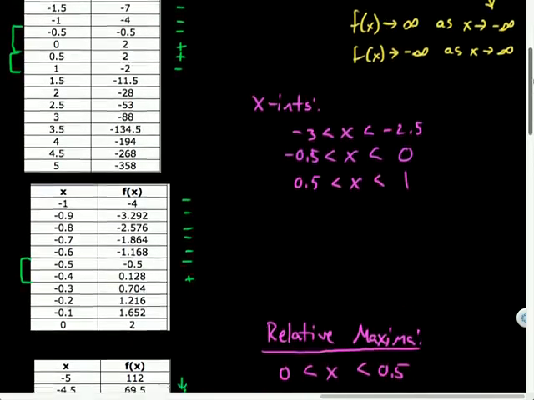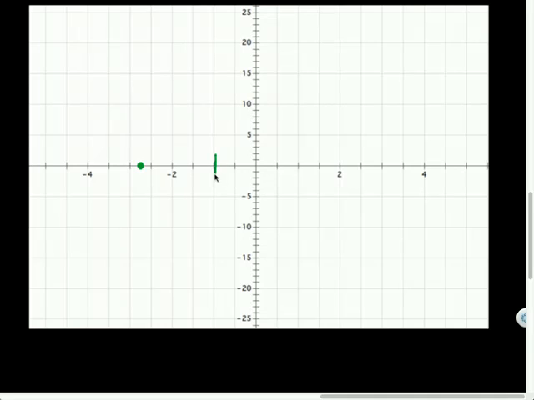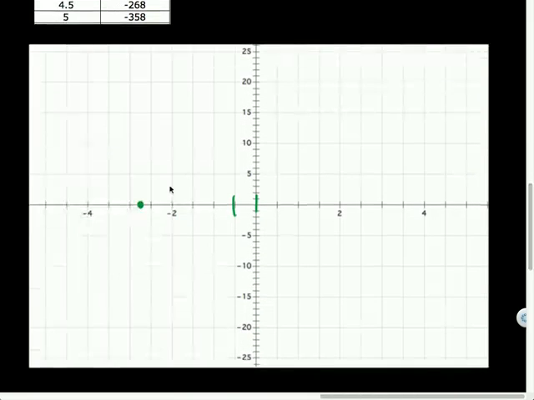I had one occur between -0.5 and 0. So here's 1, here's -0.5, here's 0. So I know it was somewhere between here and here. Technically, when we did the zoom in, I actually knew it was between -0.5 and -0.4. So I know it's actually even closer to the left than it is to the right.